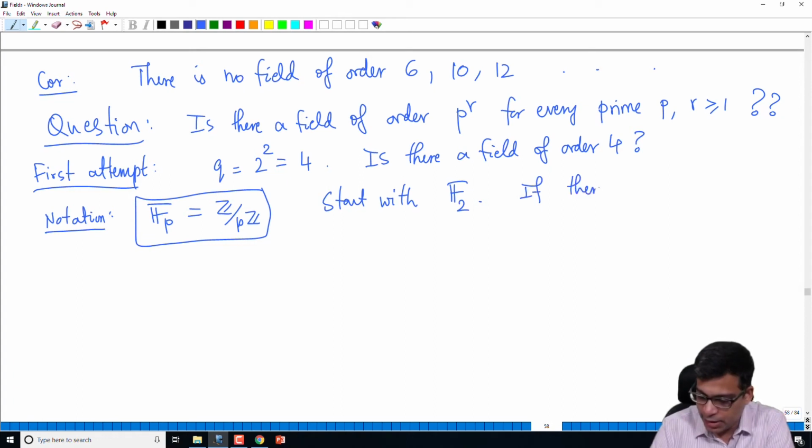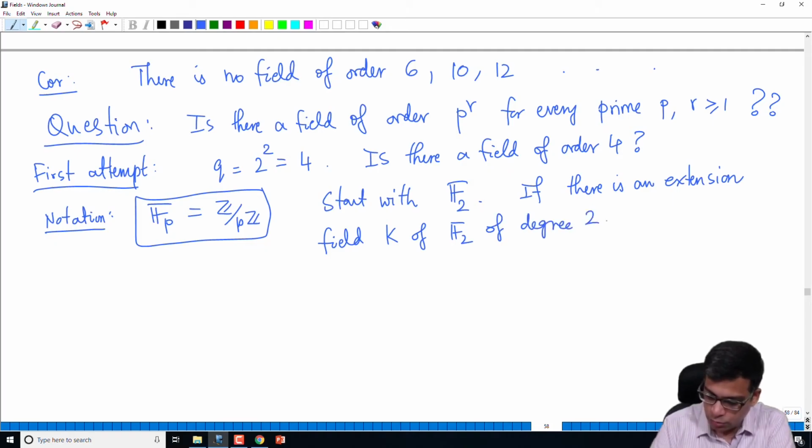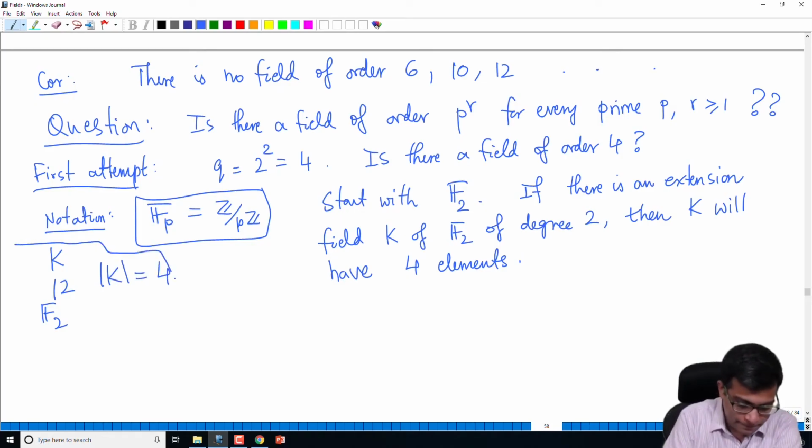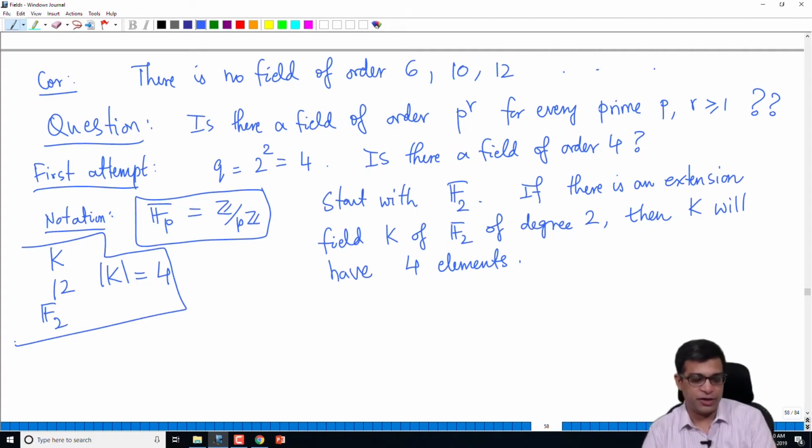If there is an extension field K of F_2 of degree 2, then K will have 4 elements, right? Its order, which I will denote by this symbol, will be 4 by the counting argument that I gave in the previous slide. Because there is a basis of 2 elements, and the coefficient of each basis element can be any of the 2 elements of F_2, so there will be 2 times 2 many elements.